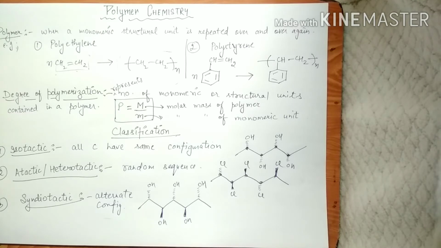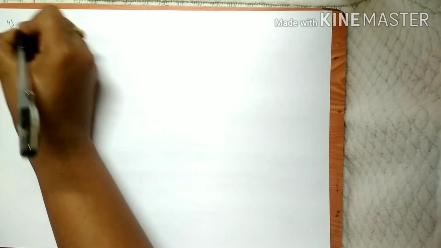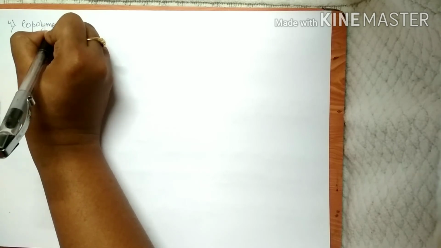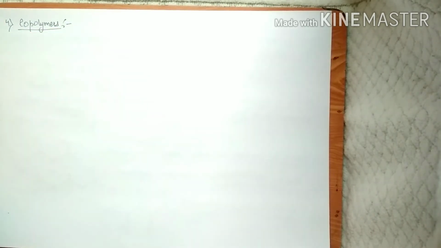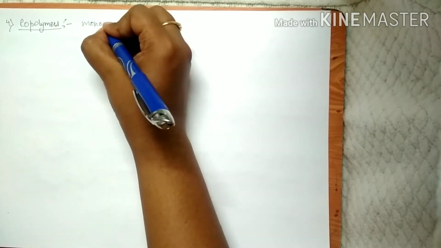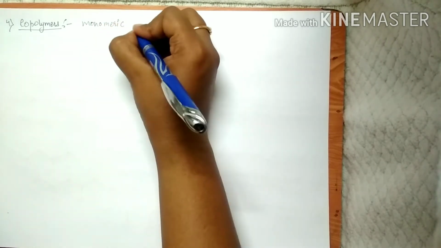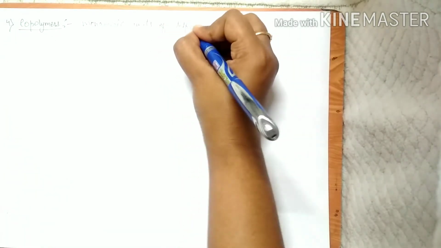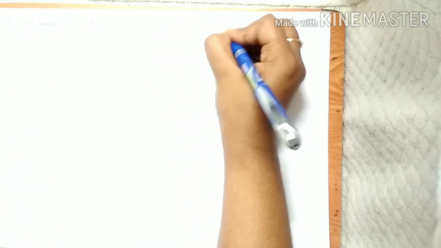Now, the fourth category is your copolymers. In case of copolymers, the monomeric units will be having different compositions. For example, okay, you can write that this will be having monomeric units of different compositions.